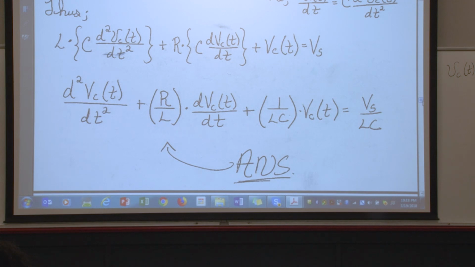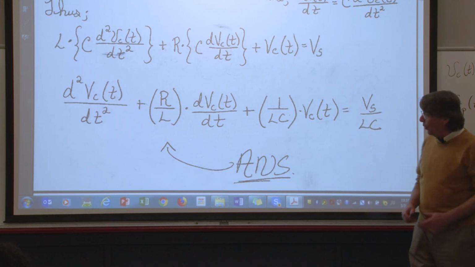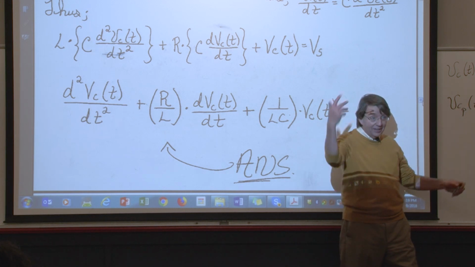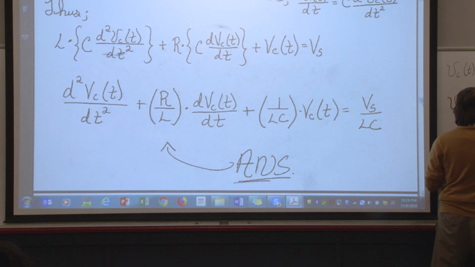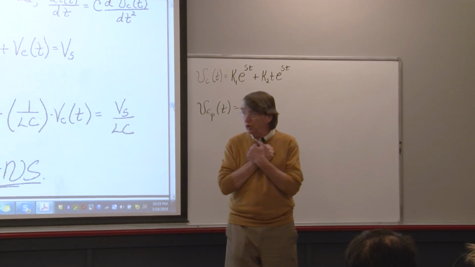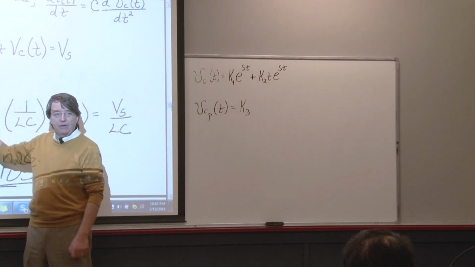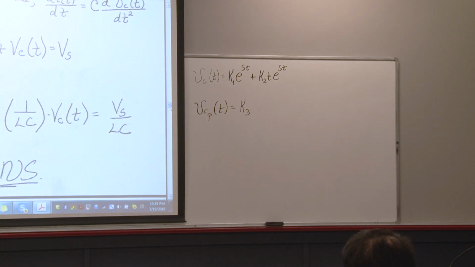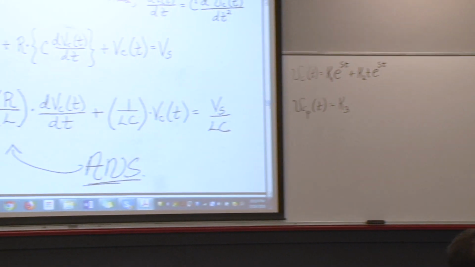Ah, you know, it's just getting late. V sub c particular of t is a constant. Why? Because the input's a constant. So I've used K1 and I've used K2. What's the next constant? K3. Parker, help me out. I now take K3 because it's a solution, and I plug it in for V sub c of t. So Parker, second derivative of K3. K3 is a constant.